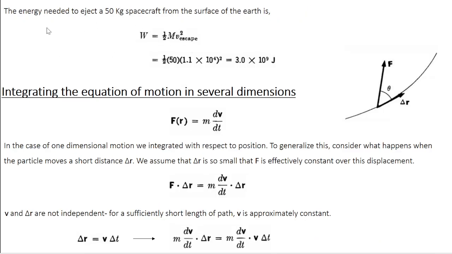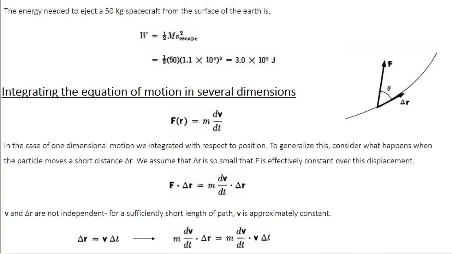Same way, you can also calculate what is the energy needed for launching an object. For example, you have a spacecraft of mass 50 kg. Initially the spacecraft is at rest at the surface of Earth, so the initial kinetic energy is 0.